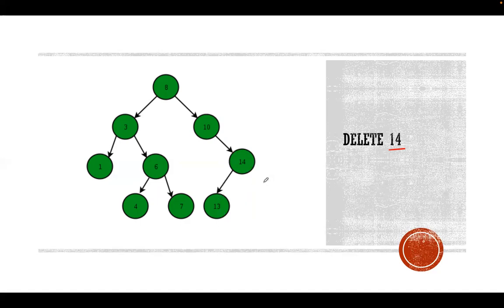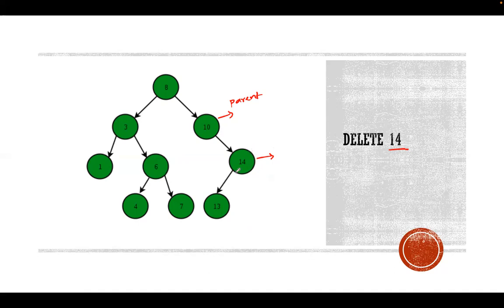So what are we going to do when we have only one child? This is the node we are going to delete, and this is the parent node of the node we are trying to delete. So this 10 is the parent of 14.